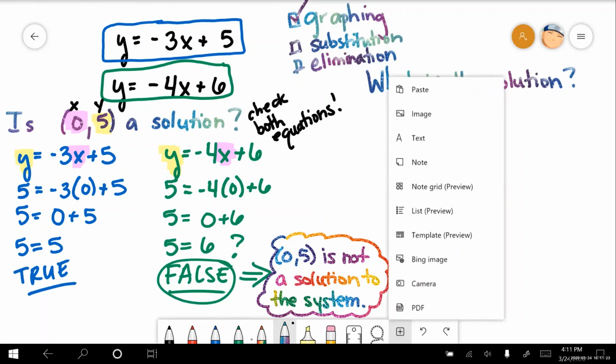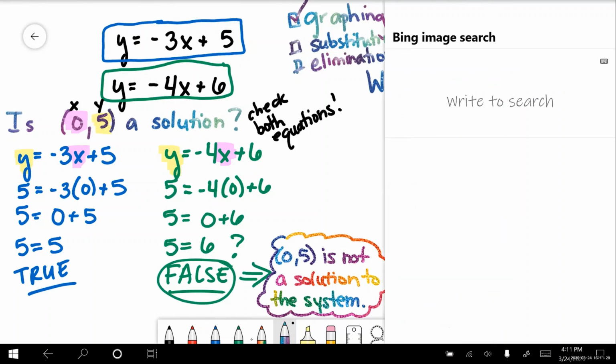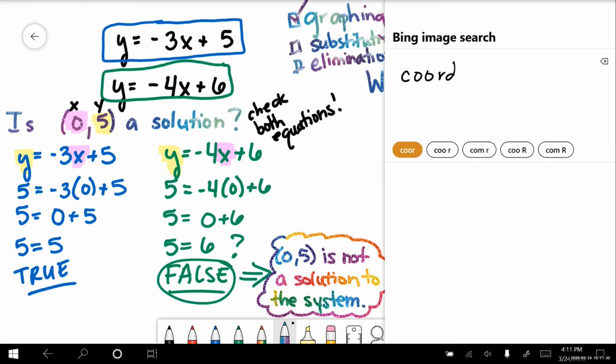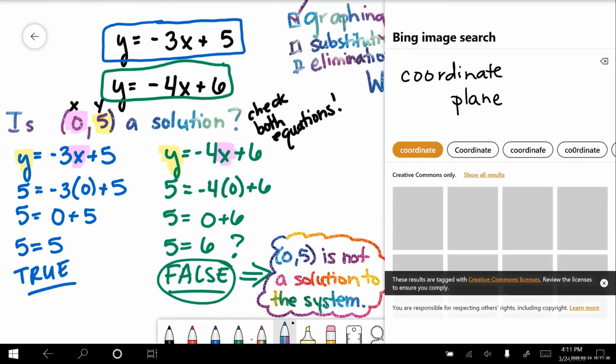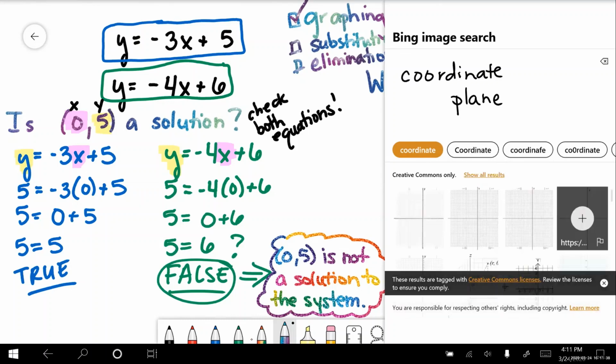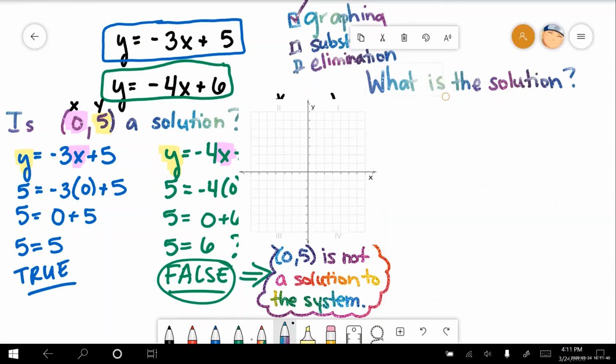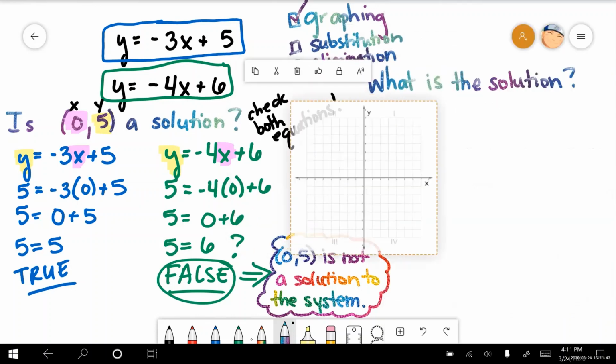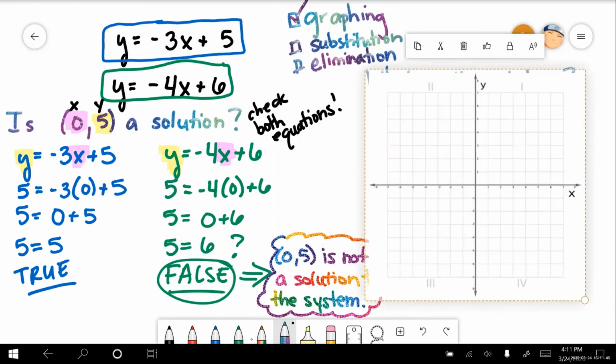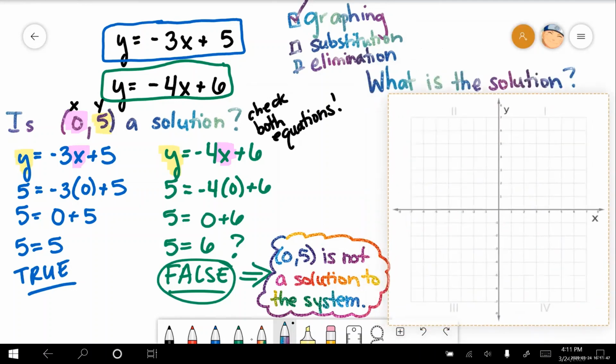So let me import another image here. Okay, and I'm going to bring in a coordinate plane so we can graph this nicely. If you have graph paper, I strongly recommend using that. I'm going to drag this over here, make it a little larger so we can work on it.